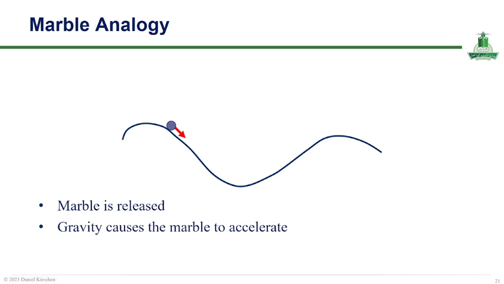Okay, this slide uses a simple marble analogy to illustrate the concept of acceleration under the influence of gravity. When the marble is released from a higher point on the curved surface, it naturally begins to move downward due to the gravitational force.